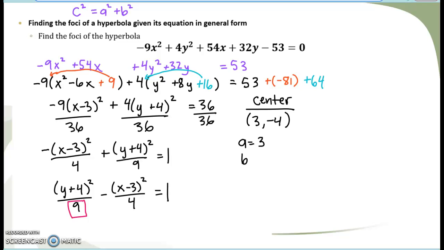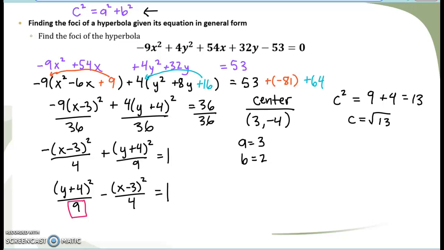And it also tells us that b equals 2. So we can use the equation I wrote at the beginning to say c squared is equal to a squared, which is 9, plus b squared, which is 4. So c squared is equal to 13, which means c equals the square root of 13.